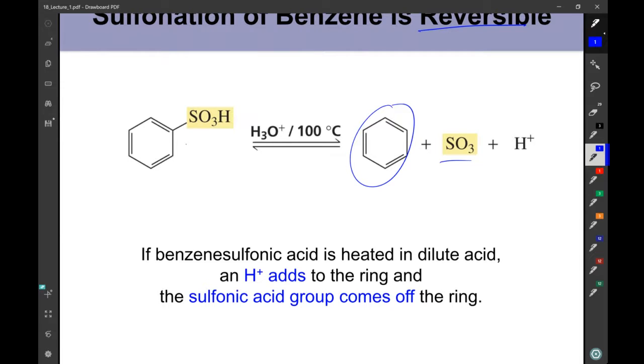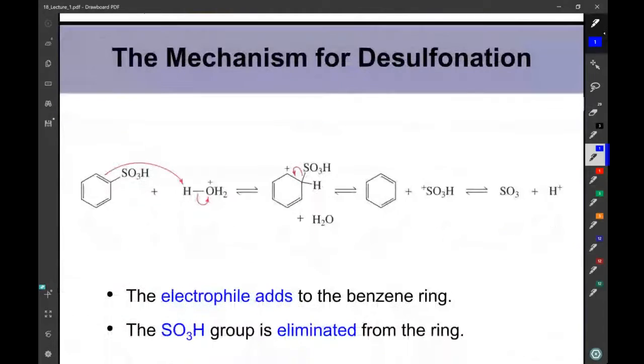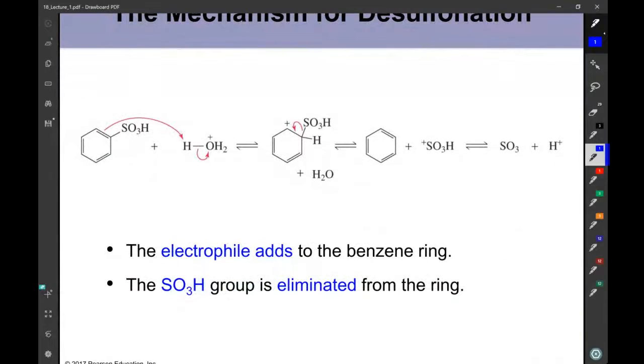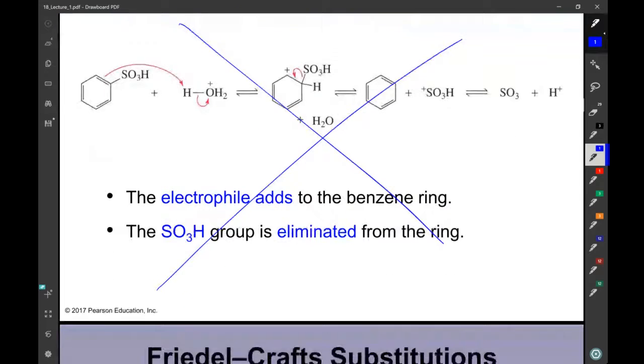That's the meaning of being reversible. Like I said, we shouldn't worry about the mechanism of desulfonation. All you need to remember is that sulfonation is reversible at high temperature, and that's the only electrophilic reaction that we know that is reversible.